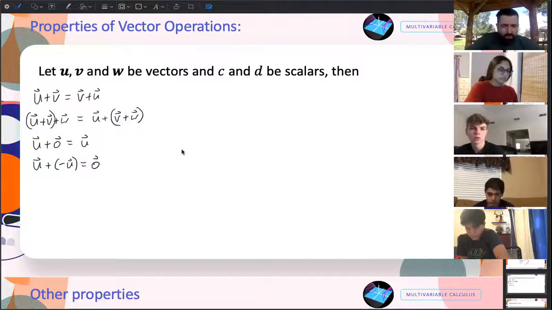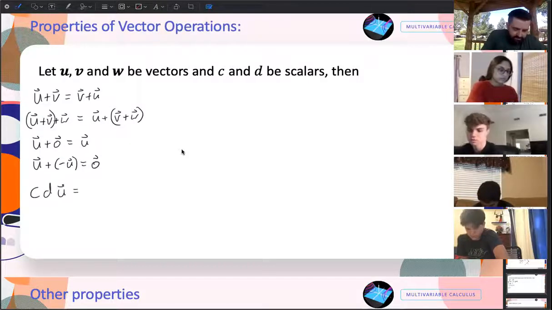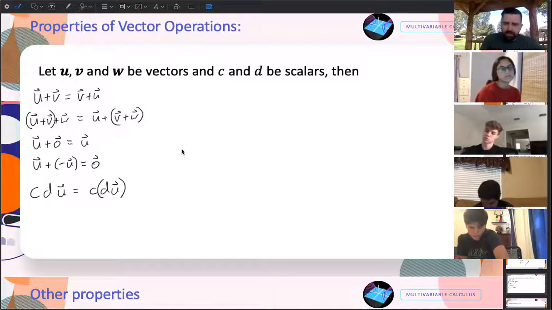The associative property is true with scalar multiplication as well. If I want to take c times d times vector u, I could multiply d times vector u, then c. Or I could multiply c and d together, then multiply times vector u. That's not going to change the result.